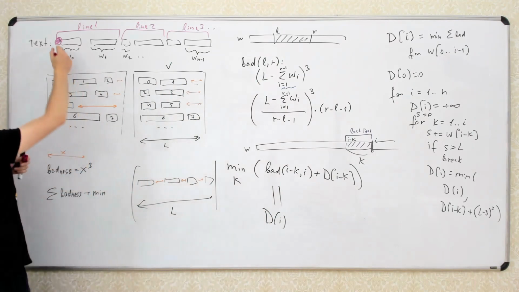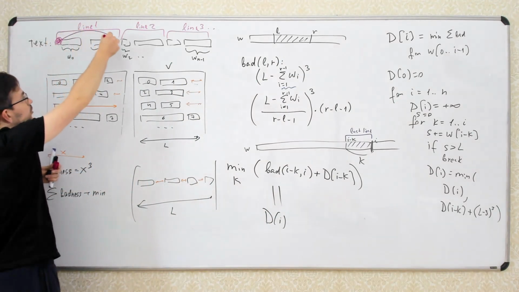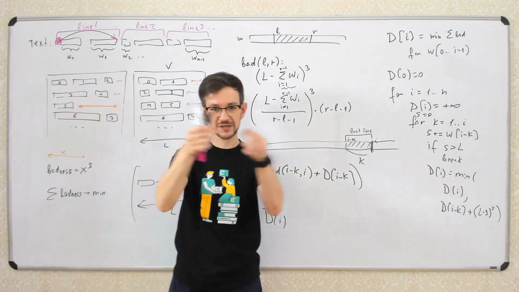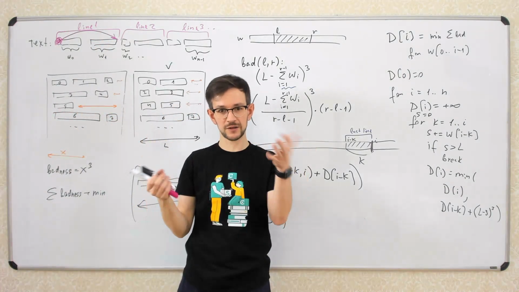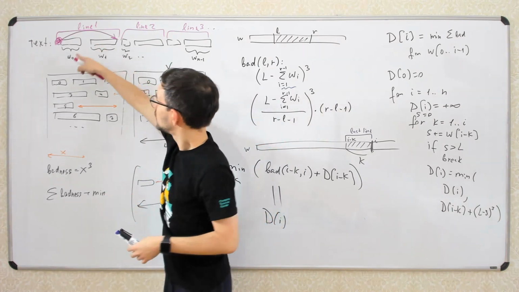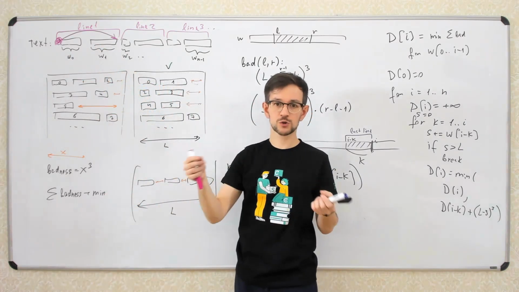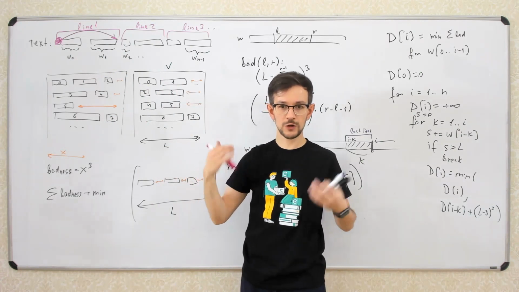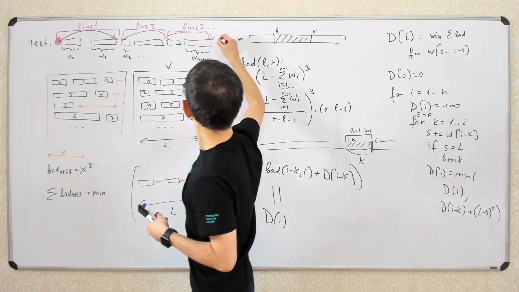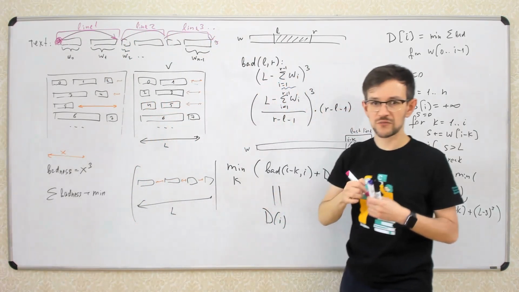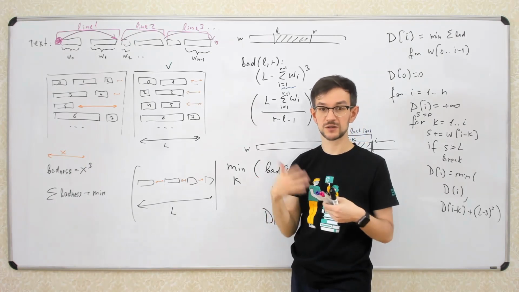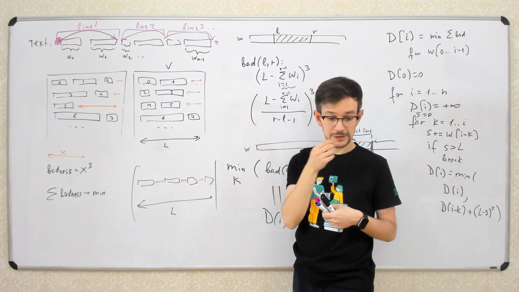So you're standing here, then you make a jump from here to here, and when you make this jump, you put these words in the next line of text. And so on. Now you assign some cost to each jump, and all you need to do is to jump from here to the end of the array with minimal total cost. It's done exactly like we did when we discussed the grasshopper problem last time.